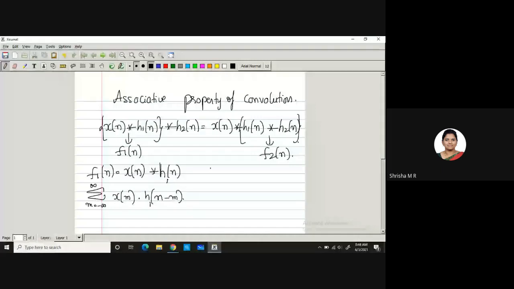So f2 of n is equal to h1 of n convolved with h2 of n. So I can write it as summation and take some r. So r is equal to minus infinity to infinity h1 of r into h2 of n minus r. Got it, everyone? Here is clear. Yes, ma'am. It's clear.